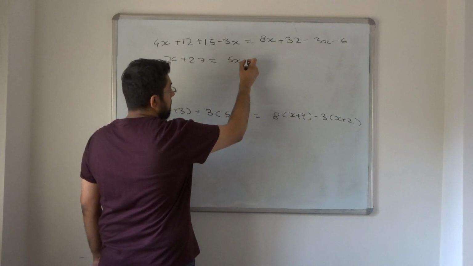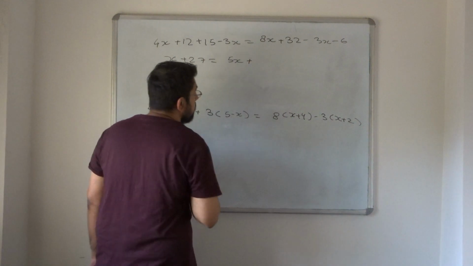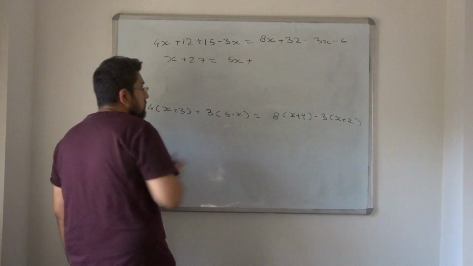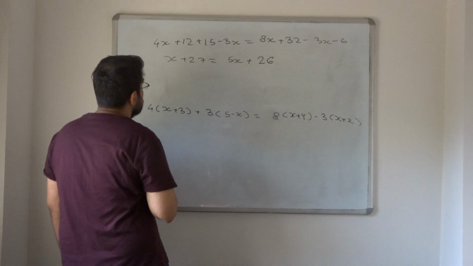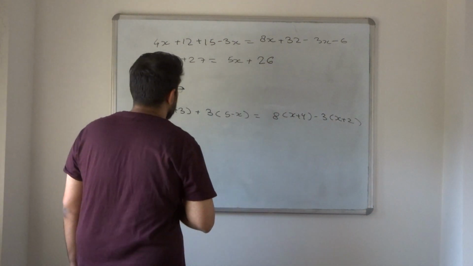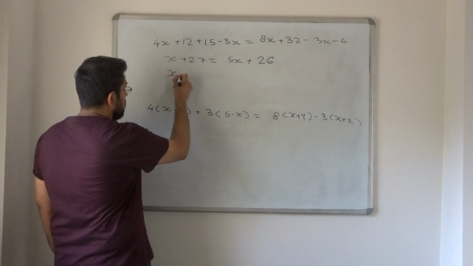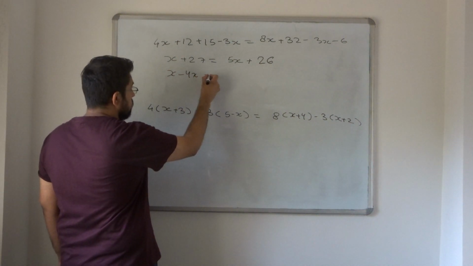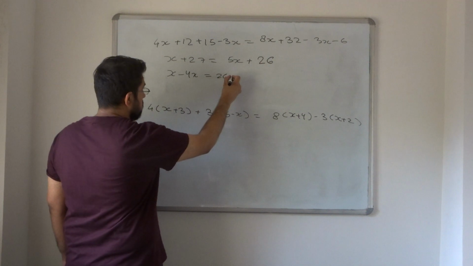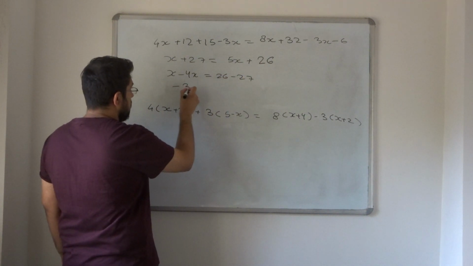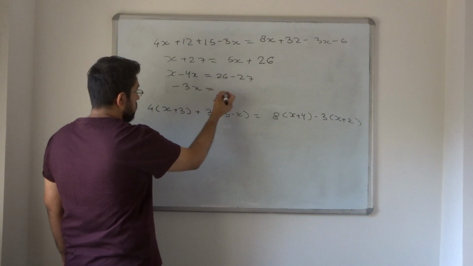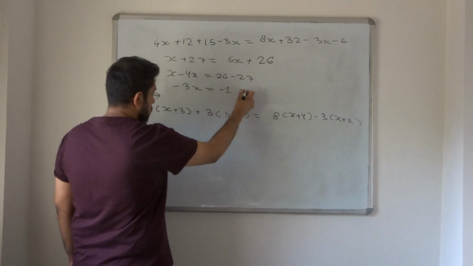Now again you combine like terms, you get x plus 27, which equals 8x minus 3x is 5x, plus 26. Then you get x minus 5x, which gives you 26 minus 27, so you get negative 4x... which equals negative 1.